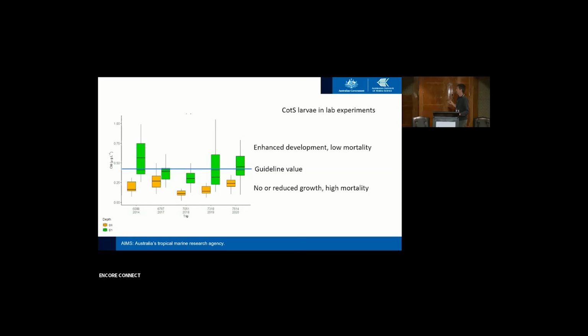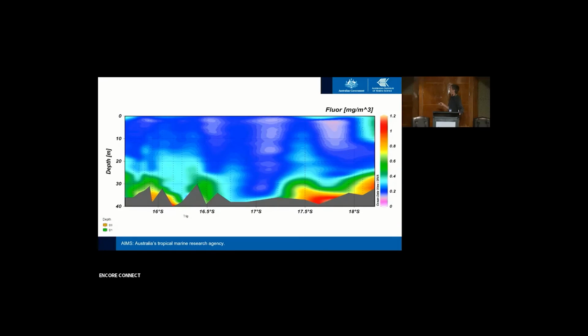So one of my main aims with the CSIP is to work out whether larvae can go down and exploit those depths, which would have enormous implications for interpreting the nutrient hypothesis, because we don't even know what drives the chlorophyll out there. That's possibly not even land runoff. That might be just upwelling on the shelf or anything. So that's just a little teaser on what we can do.